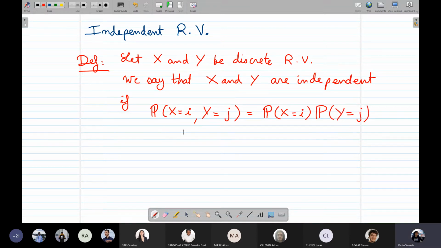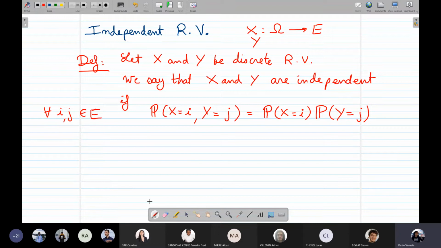Okay, and this equality has to be satisfied for any i, j in E. E is where x and y go, they are from omega to E. Okay, that's the definition of independent random variables.